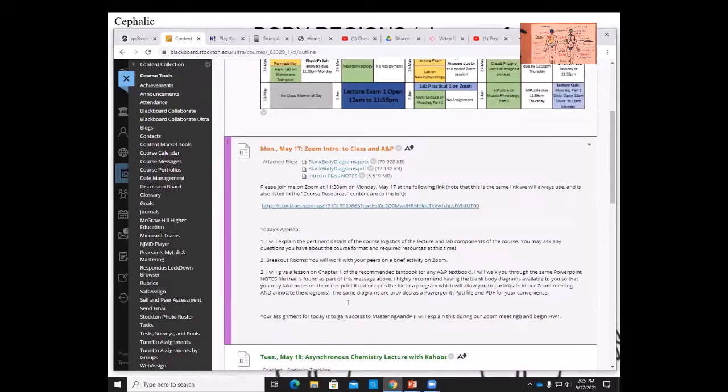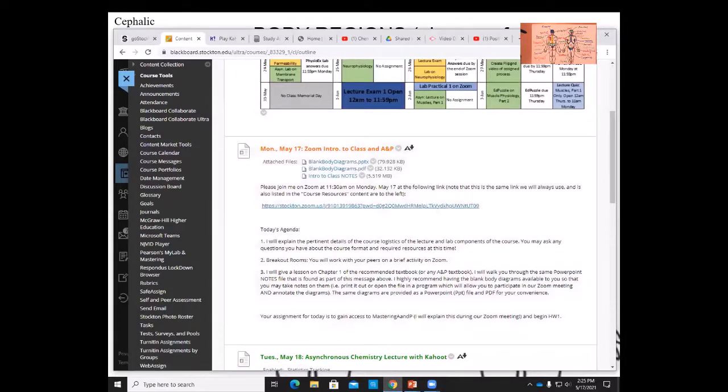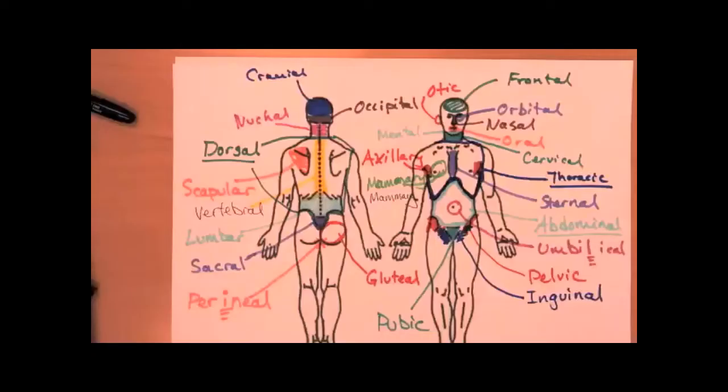This is today. And so all of the links, all of the instructions, and here are the notes, the PowerPoint notes, and then 2 different versions of the body diagrams I'm going over. So these over here. Okay, I got it. Thank you. No worries. Any other questions?